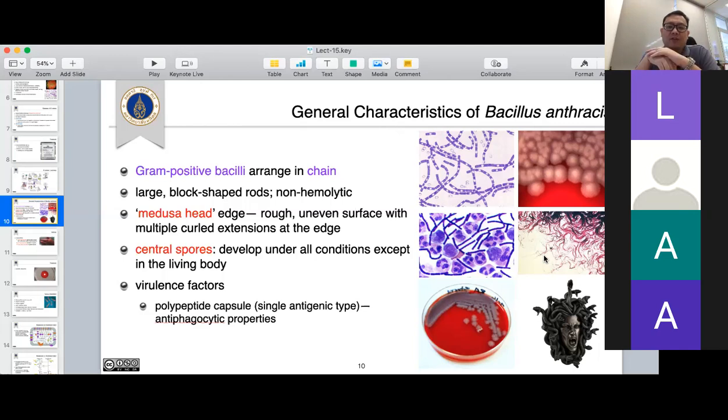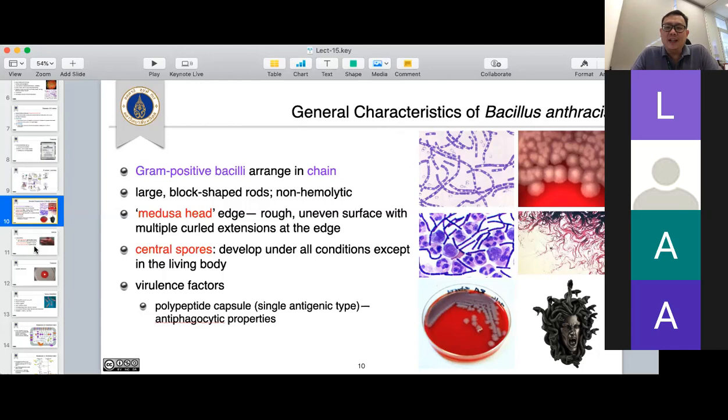But anthracis produces a polypeptide capsule. The polypeptide has just one antigenic type, unlike other bacteria where you get type A, type B, type C. For this bacterium, just one type, okay?